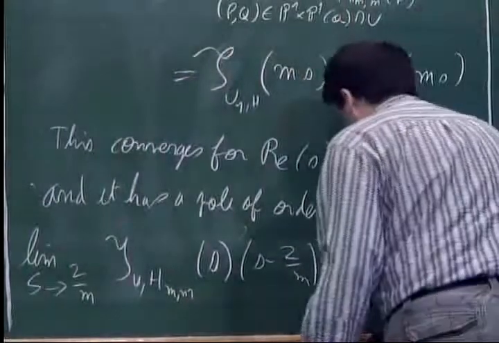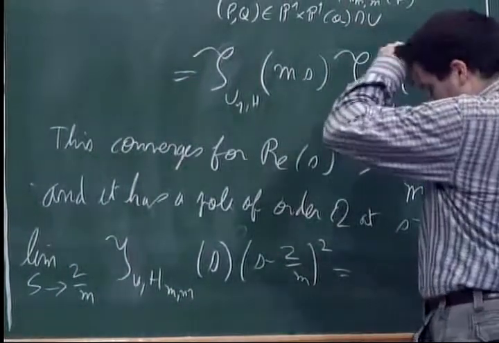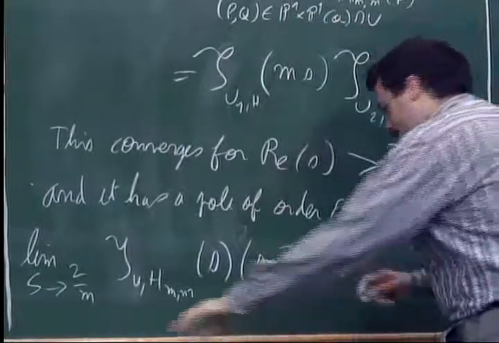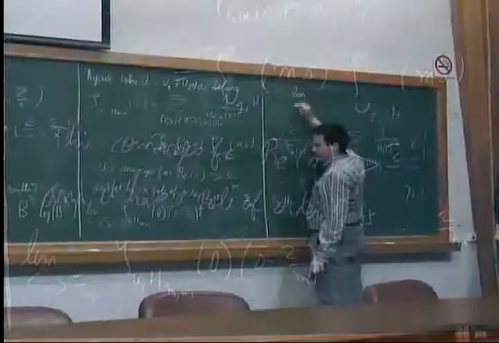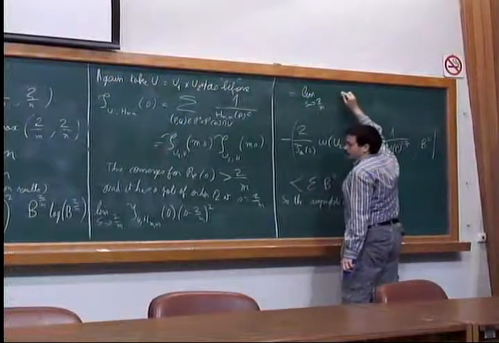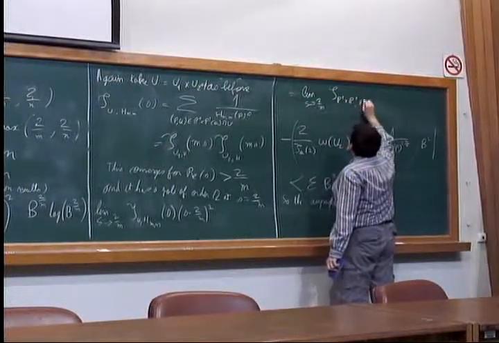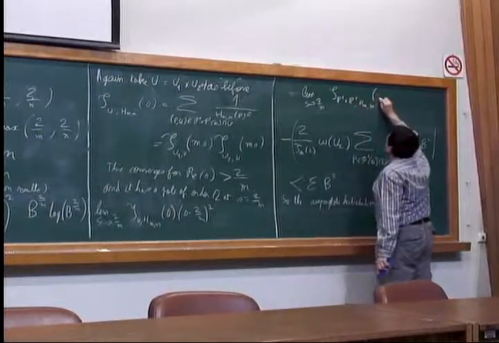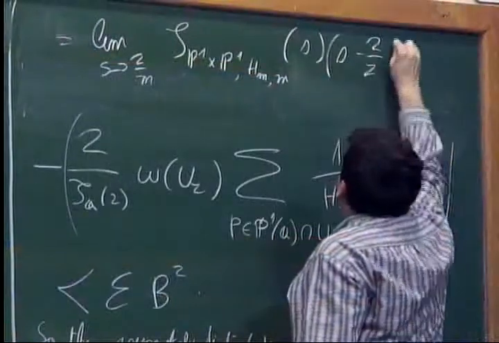Well, let me write it as follows. It will be equal to the limit as s goes to 2 over m of zeta of P1 times P1 of s times (s minus 2 over m).